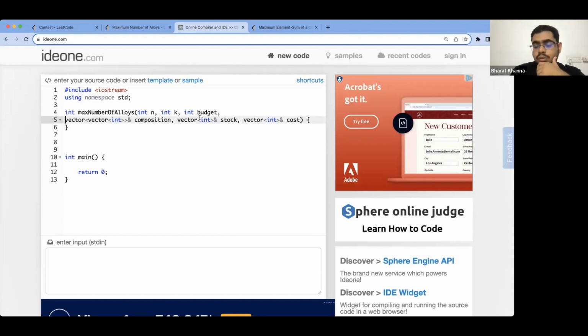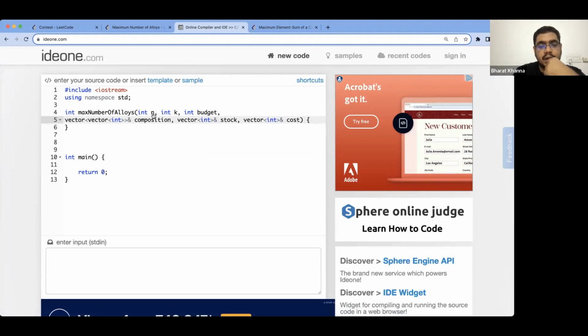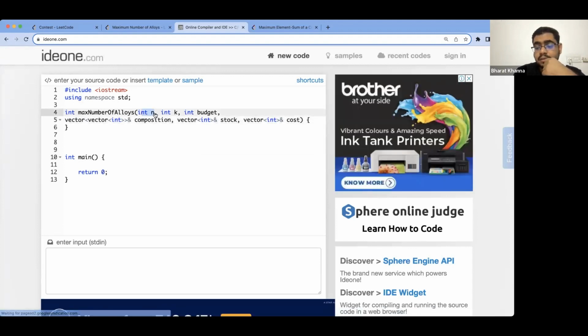Right. So if you look at the function that we want to complete in Leetcode, it says that you are given n. What was n? Number of metals, number of machines, budget, composition for each machine, each stock that we have, and each cost that we have, right? So we need to go over each of the machines one by one.